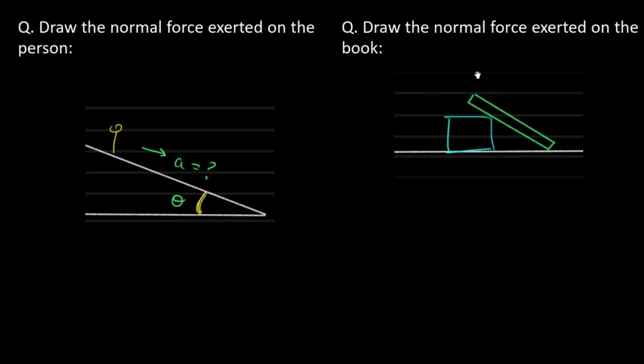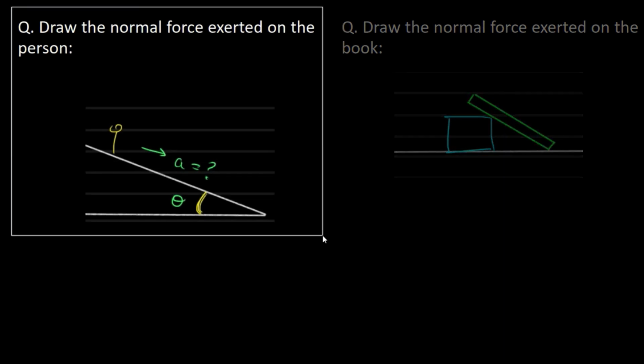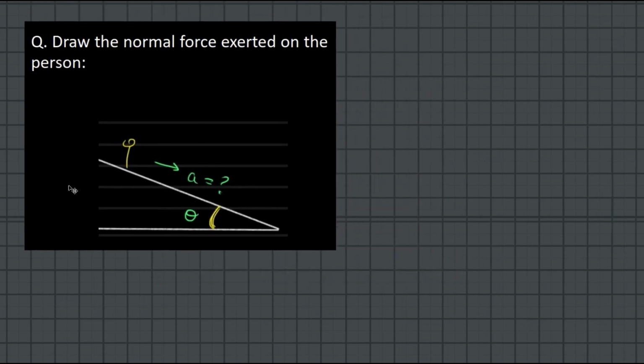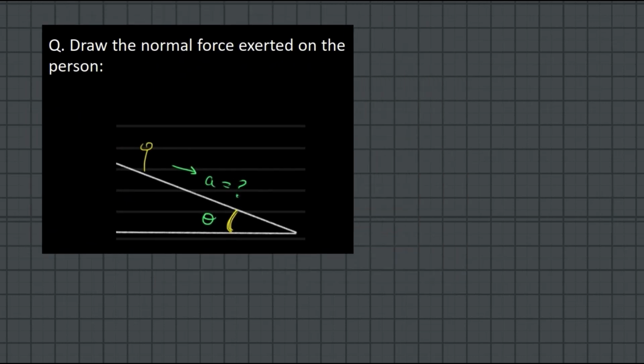Next point is, I have a few sets of examples. This variation will help you guys understand the concept better. So draw the normal force exerted on the person. This is one set of example. We have three more. We have a person. The person is in touch with the surface over here. So always, how do you find the normal forces?